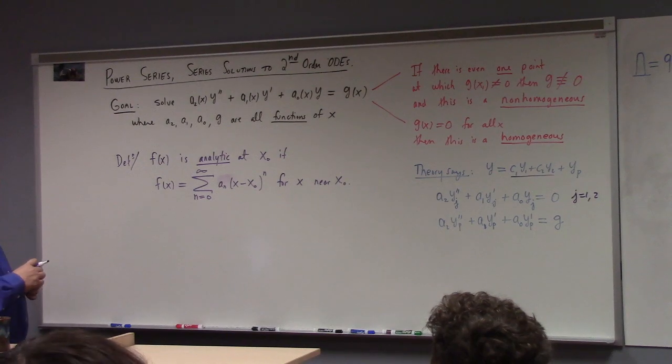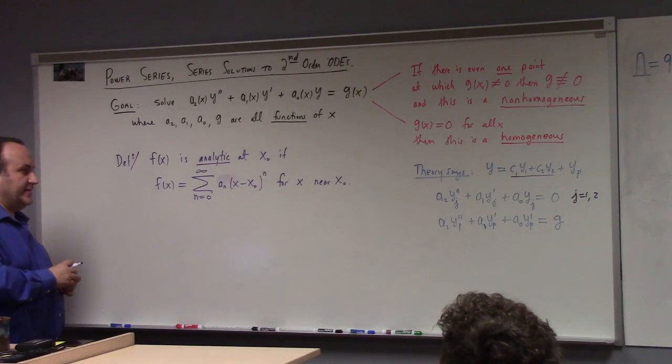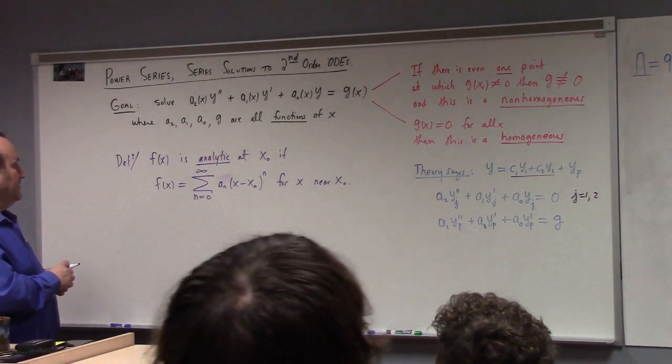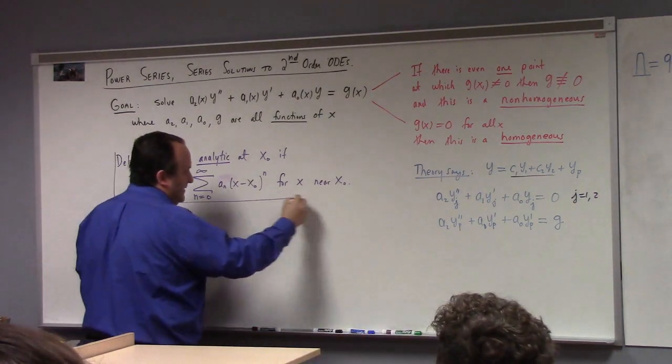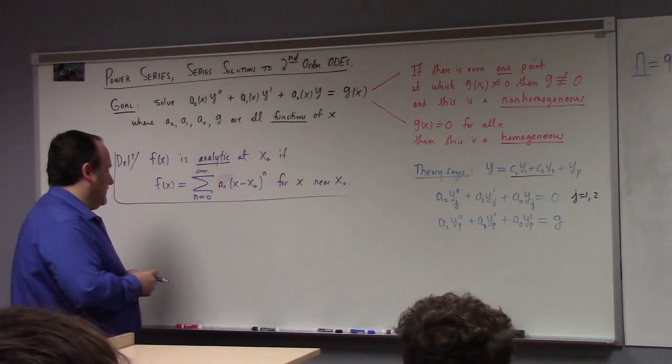So it's relatively hard to come up with functions which are not analytic. I really only know of one example for you guys of a function that is smooth but not analytic. So I'll just draw a picture of it.